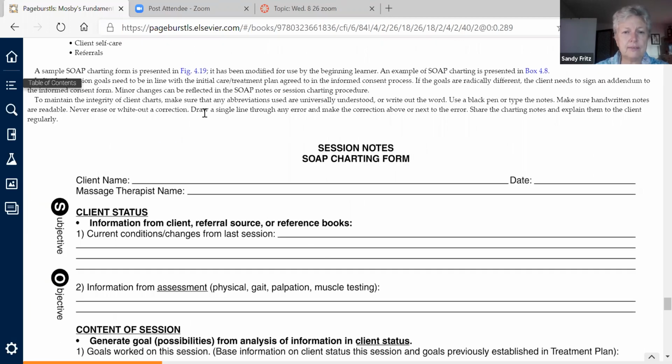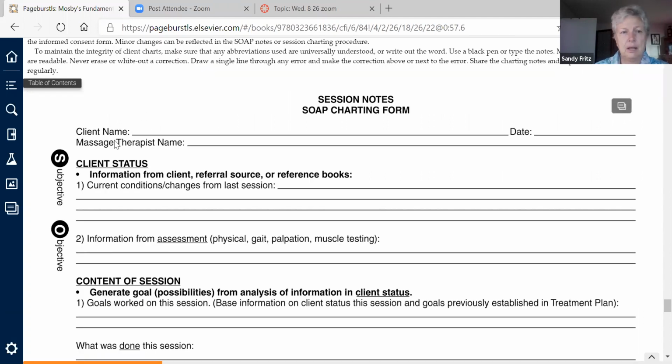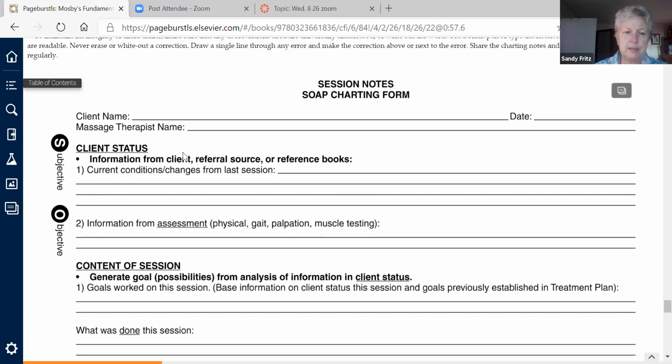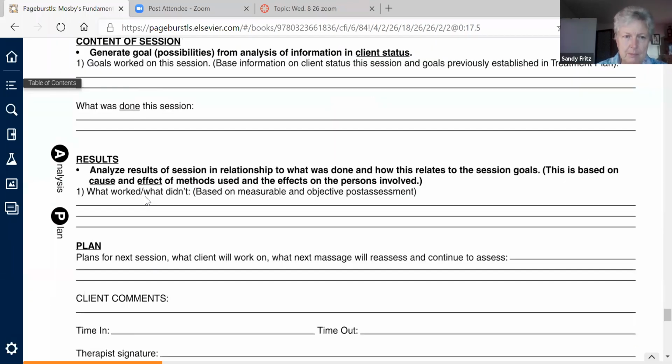And here is an example that we have in the textbook that has some little helps in it. Like here, client status, it tells you what that means. This is subjective, the client is telling you that. And then it gives you little helps to figure out what you would put in there, and it does the same all the way through.